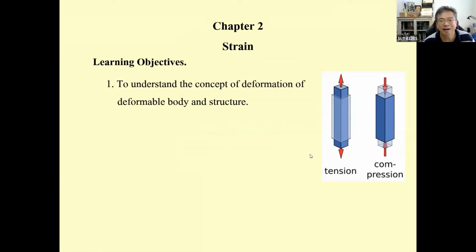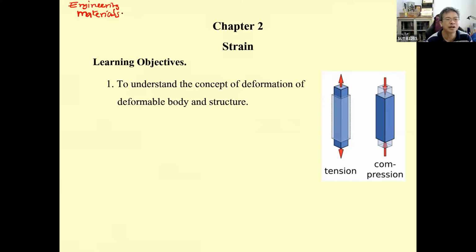Okay, in the next chapter, chapter 2, we're going to talk about strain. Before that, I'll mention again what we study here. We have materials that we use in engineering, usually called engineering materials.